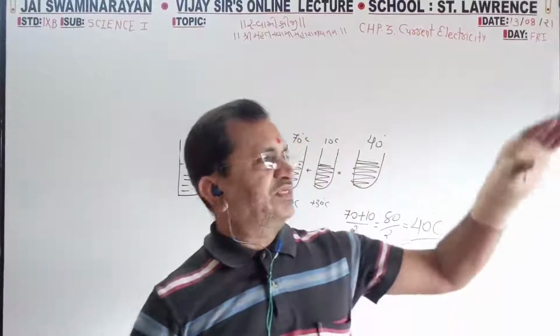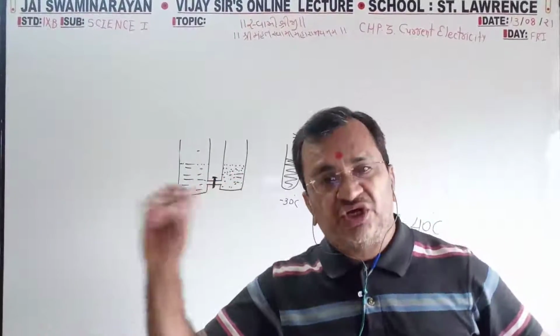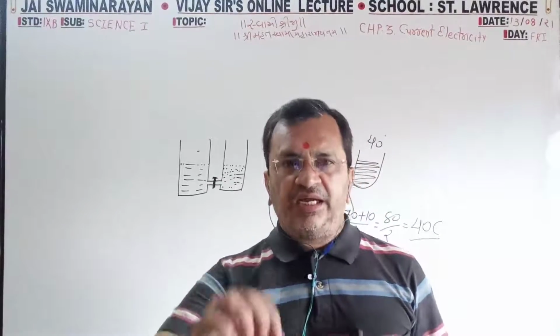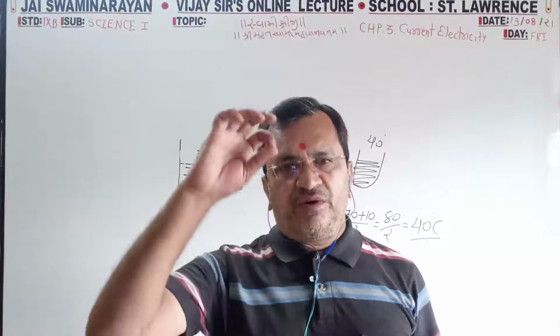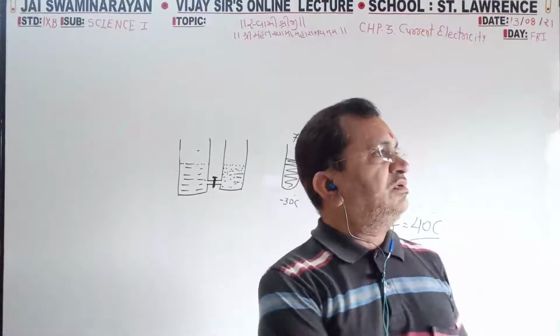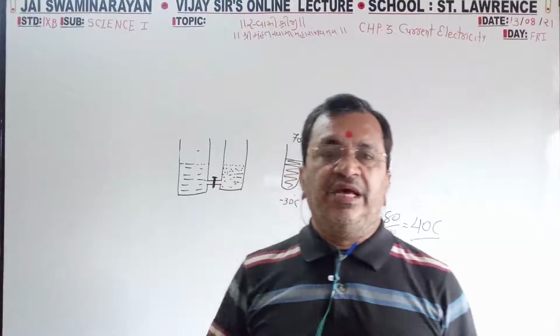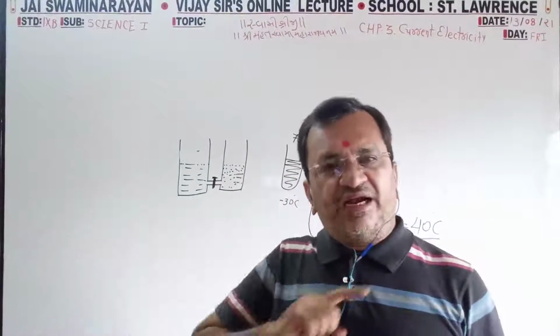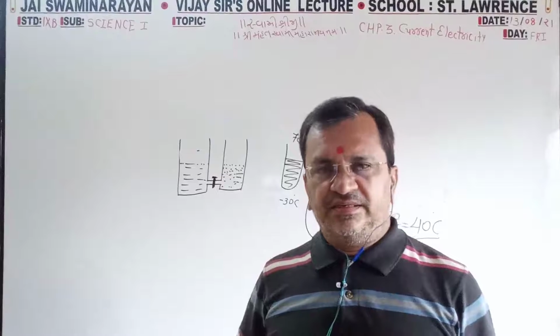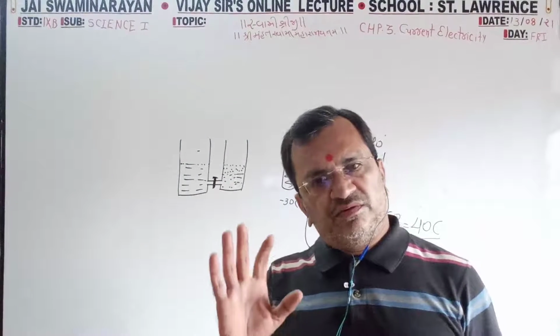Because of the difference in the pressure, air always moves from higher level to lower level. Where there is low pressure, somewhere it is higher pressure. So from higher pressure to lower pressure, air will flow, and that flow of air we call wind.